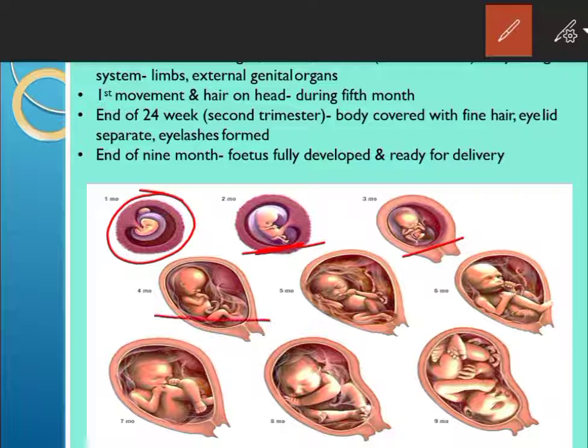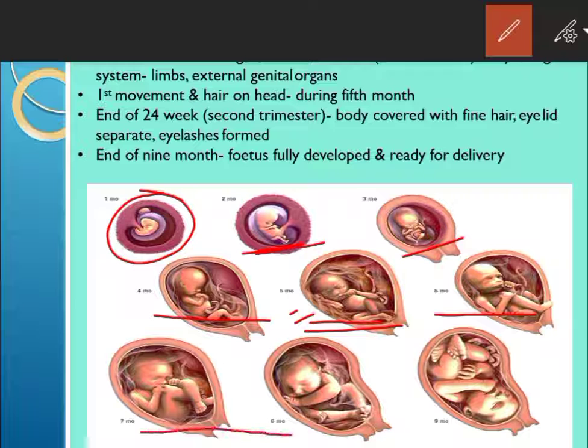Then the growth of the fetus takes place. The first movement, you can see here, is observed during the 5th month. Okay, the fetus has moved, you can see in this diagram. In the 5th month, there will be appearance of the hair, and by the end of the 6th month, that is 2nd trimester, 24 weeks, the body is covered by fine hair, the eyelids get separated, and eyelashes are also formed.